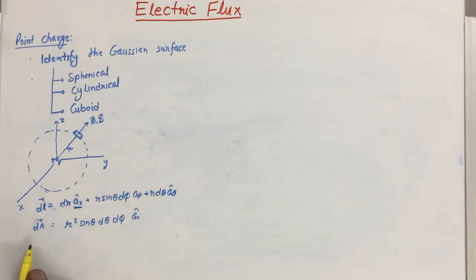So dA can be r square sin theta d theta d phi in the direction of r, and we know that the charge enclosed will be equal to, according to Gauss law, the flux, D dot dA.